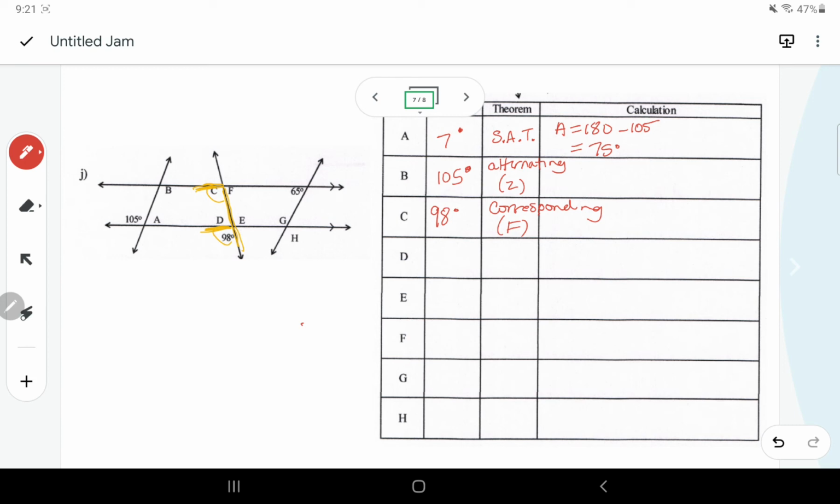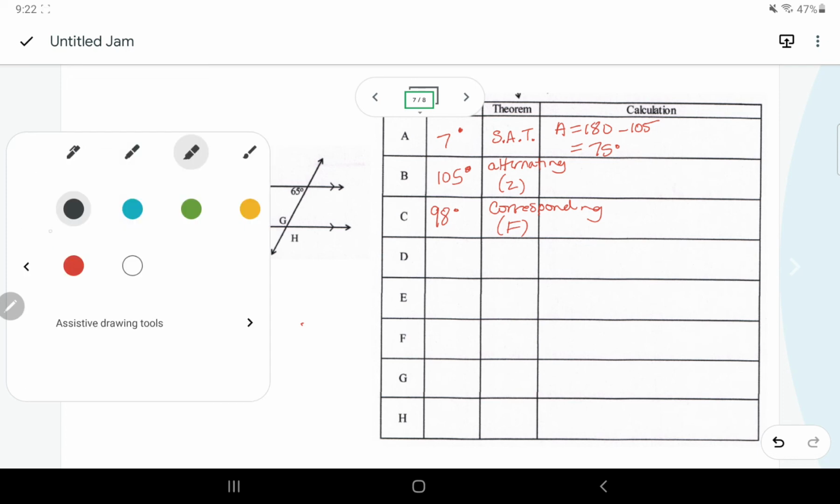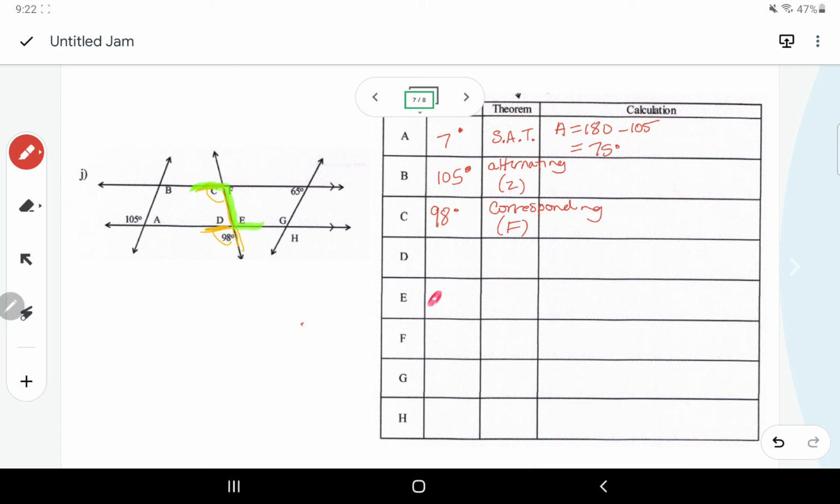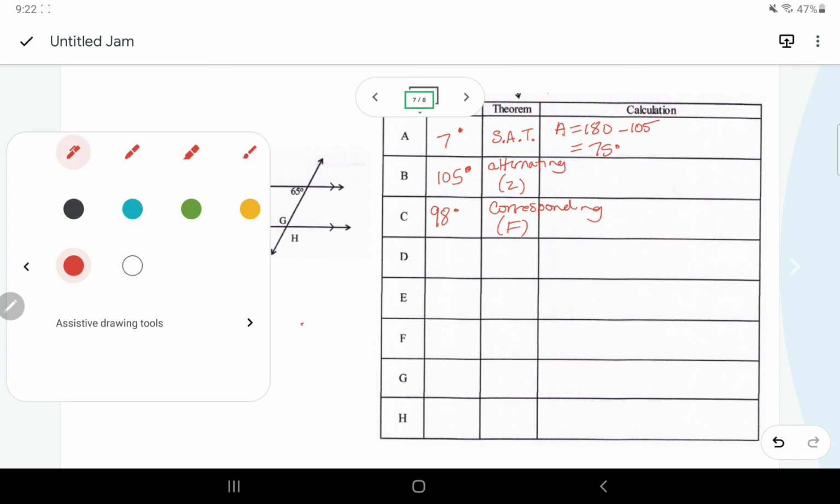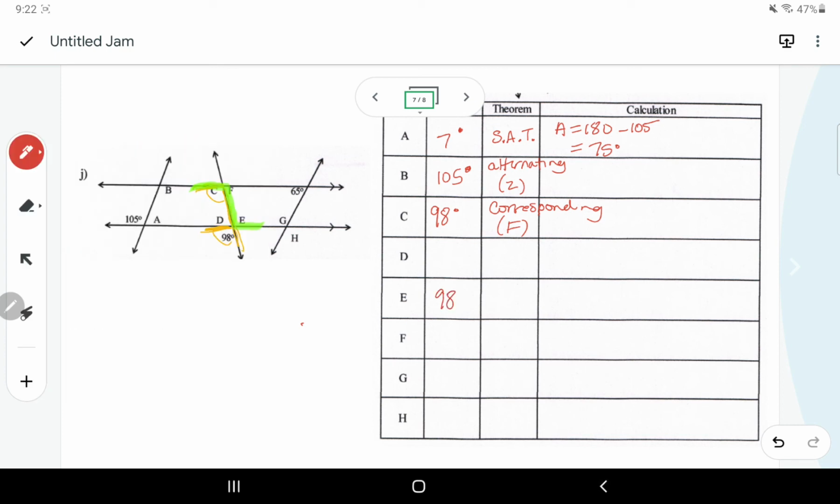And I would go to E and say that I have a Z pattern there with the C value. So that's also 98, or alternating, sorry.